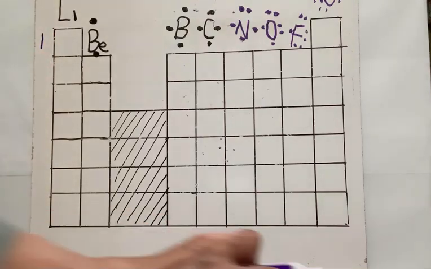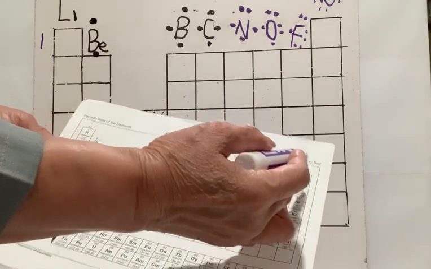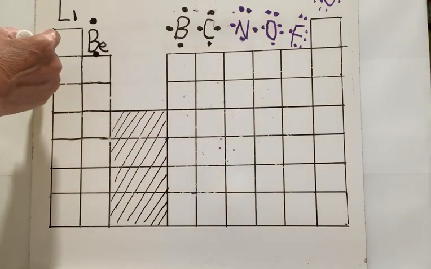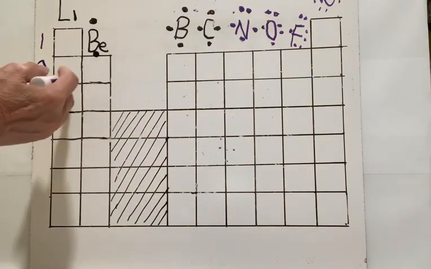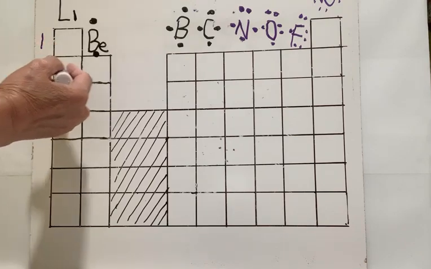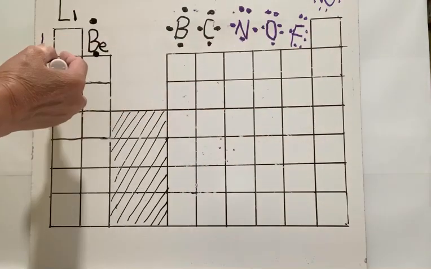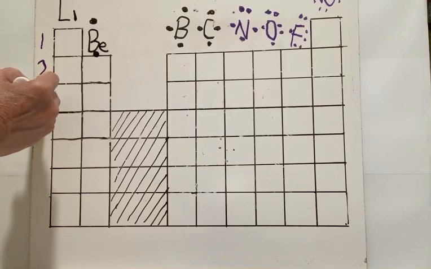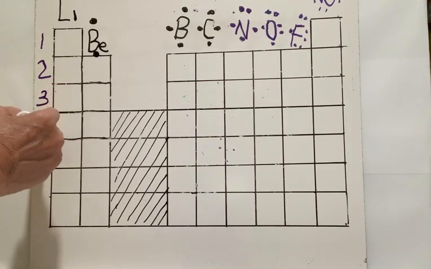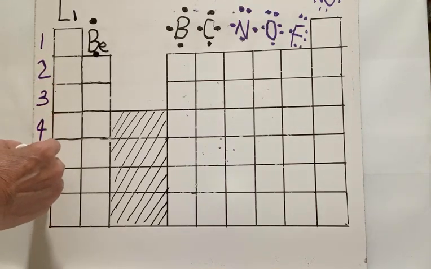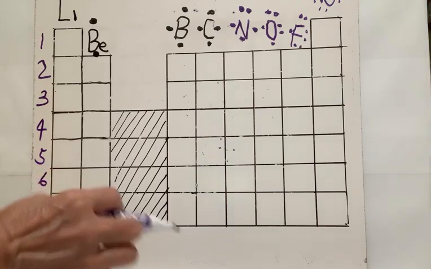What are they? Hydrogen and helium. Next is period 2. What are the elements in period 2? From lithium to neon. Then we have period 3, period 4, period 5, 6, and 7.